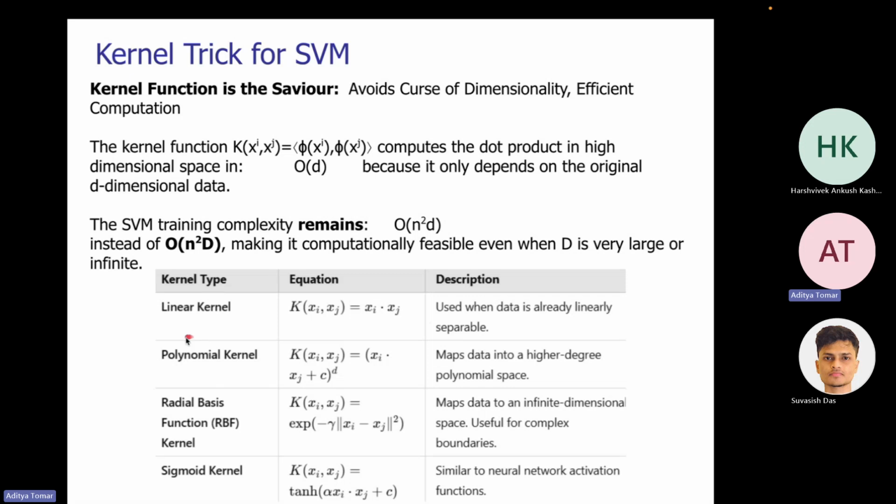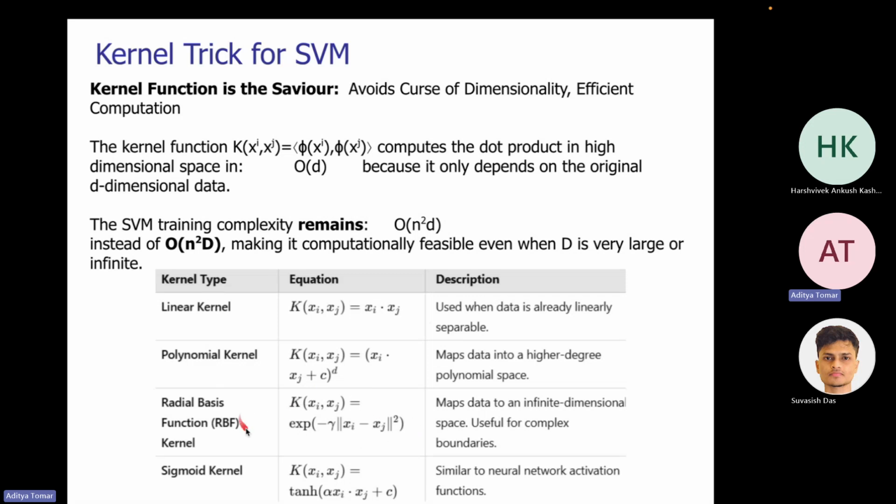Then coming to the polynomial kernel, this operation xi transpose xj plus c is order of d computation, and taking the power p is order of one. So this computation can also be done in order of d time.